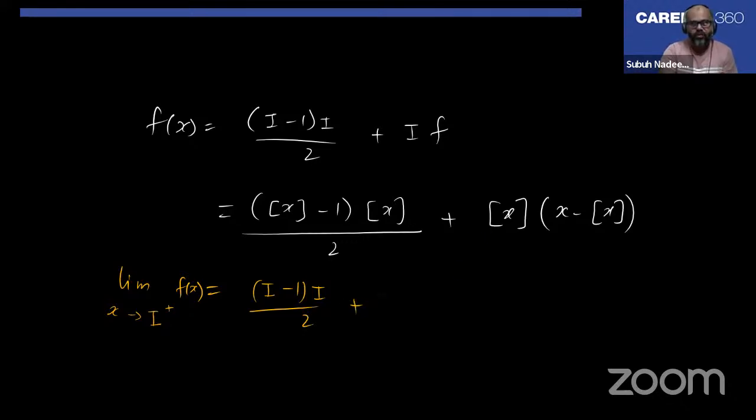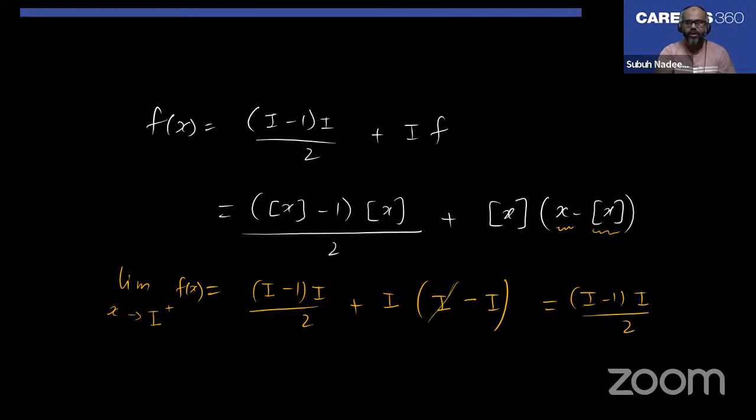And here x will be I, and greatest integer of x will also be I, because when we put the limit x approaching I plus, x is I after substituting I plus, and greatest integer of x is also I. So we get I minus 1 into I by 2, and this other term is I minus I, 0, 0 into I. So this is the right hand limit. Now, if we talk about the left hand limit, what will happen?